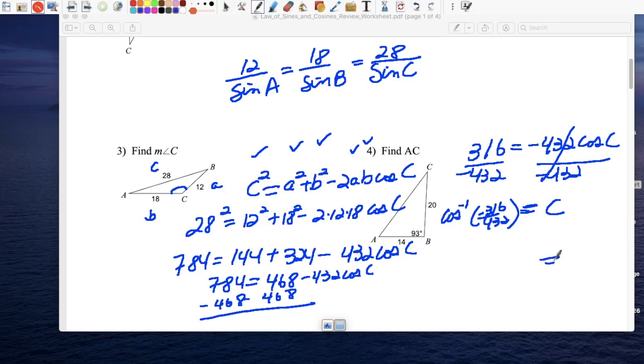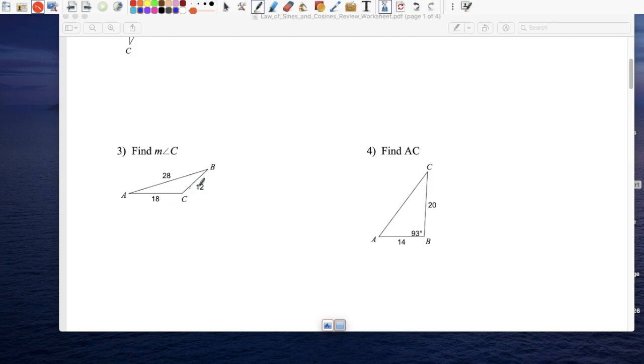And angle C is going to be 137.01 degrees, rounded to nearest hundredth. Okay. So you can tell that for this one, law of sines again was not useful. So that one we found an angle, and this one they're asking for AC.